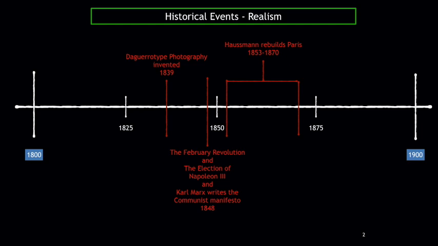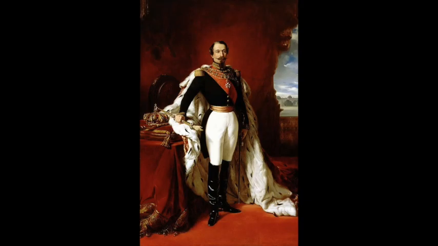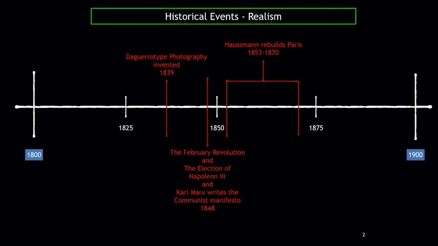In that same year, because of the February Revolution, there was an election in France, and Napoleon III, who we discussed a little bit when we talked about Haussmann, was elected president, and he served from 1848 to 1852. He won because of his support from the peasant class that had this newly earned right to vote.